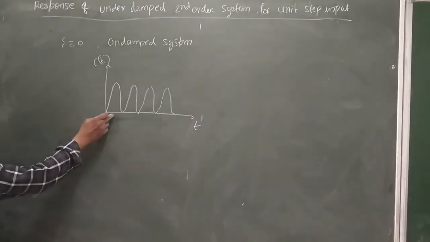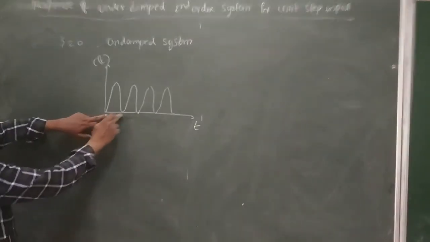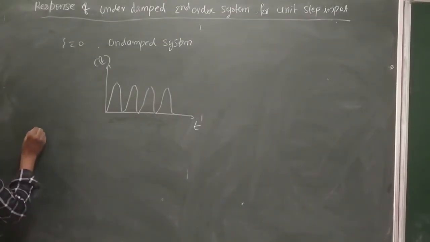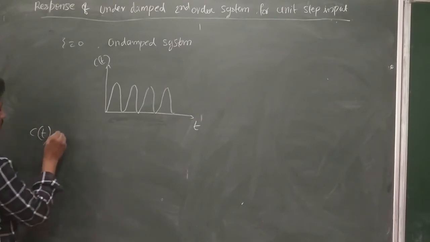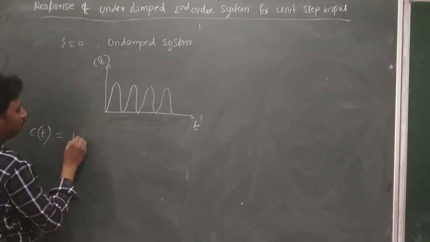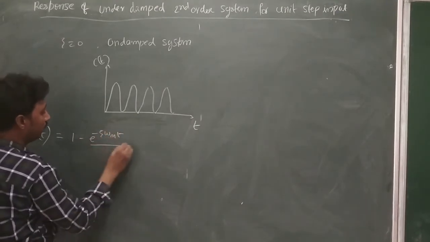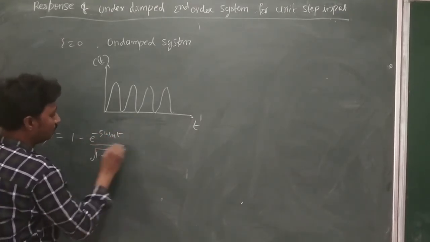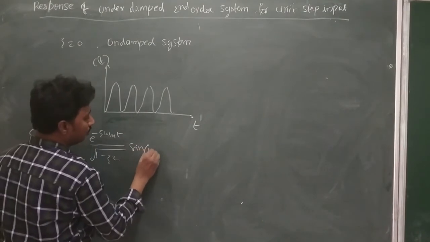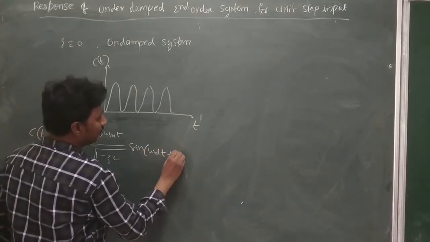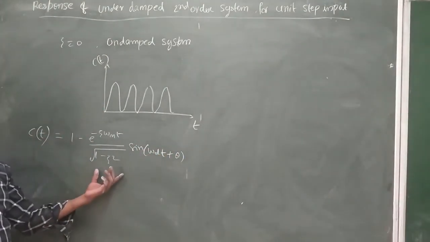So you can derive the expression for this response from the underdamped response. c of t is equal to 1 minus e raised to minus zeta omega n t by root of 1 minus zeta square, sin omega d t plus theta. So this is the underdamped response.